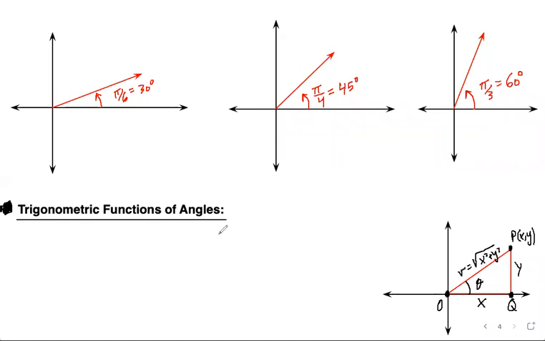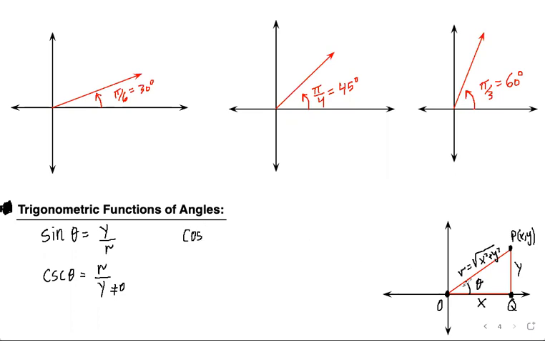Okay, so first of all, I can define the sine function. The sine of this angle theta is equal to the opposite over the hypotenuse, y over r. Also, the reciprocal of the sine is called the cosecant of theta, equal to r over y, such that y is not equal to 0. Second, we have the cosine function.